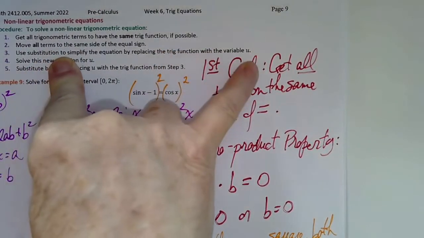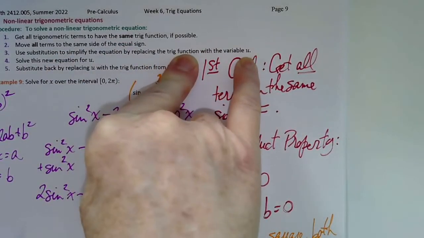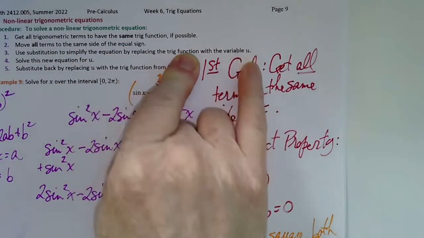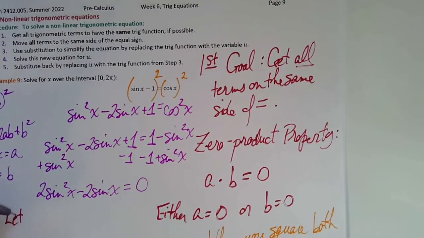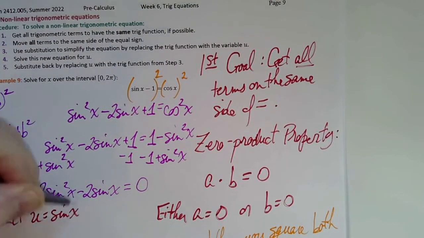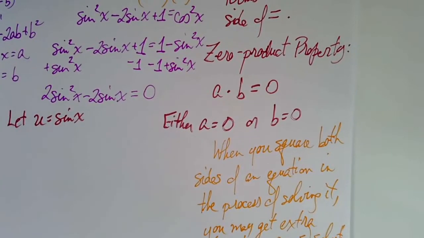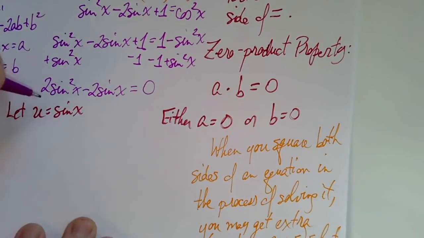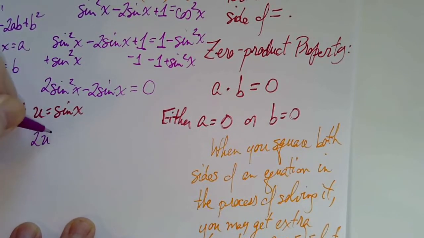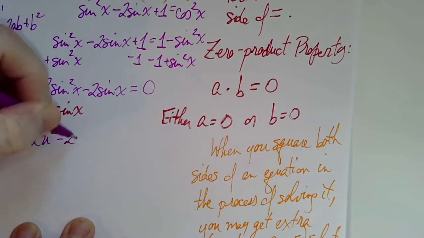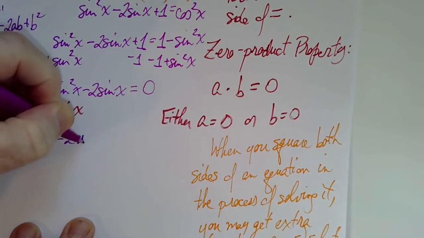Now I'm going to use substitution to replace the trig function with the variable u. So here we go. I'm going to let u equal sine x. And the reason we do this is that it makes it so much easier to see what kind of equation we're solving. So I've got 2 sine squared x, that's just u squared, minus 2 sine x is u, so 2u equals 0.